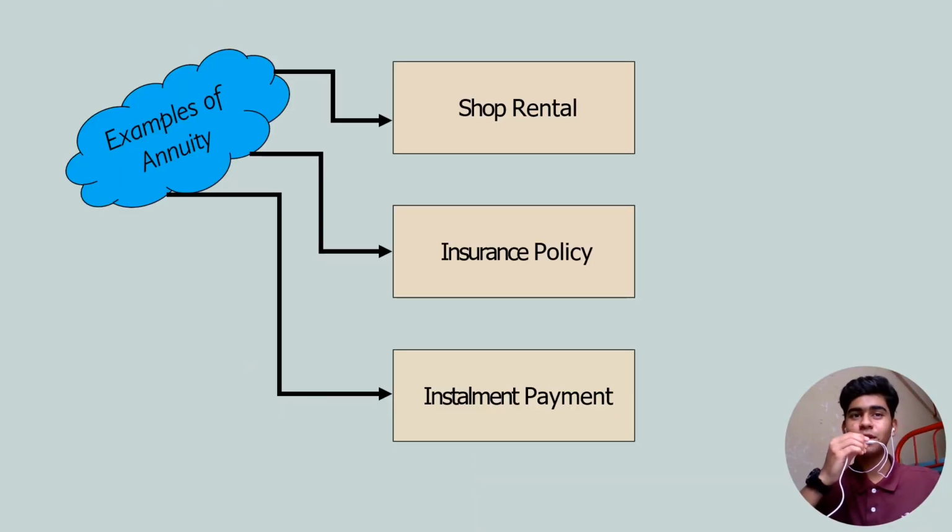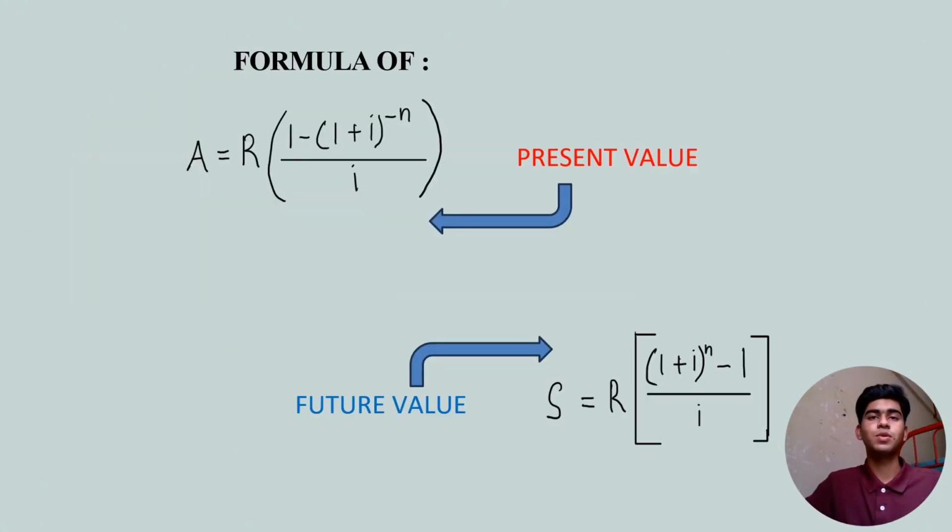There are three examples of annuity. The first one is shop rental, the second one is insurance policy, and the last one is installment payment. So next we go to the formulas. Formula of present value is A equals R in bracket 1 minus in bracket 1 plus i close bracket power of negative n over i close bracket.